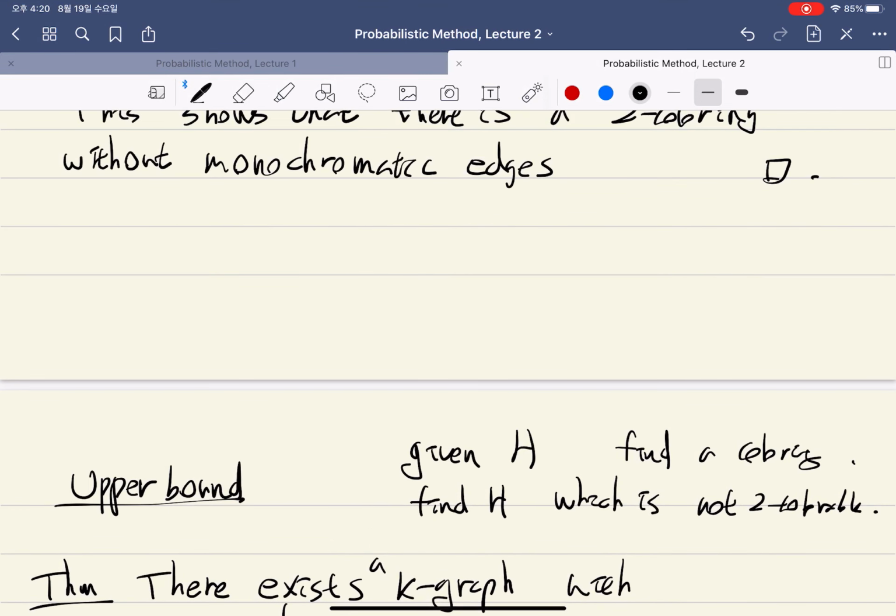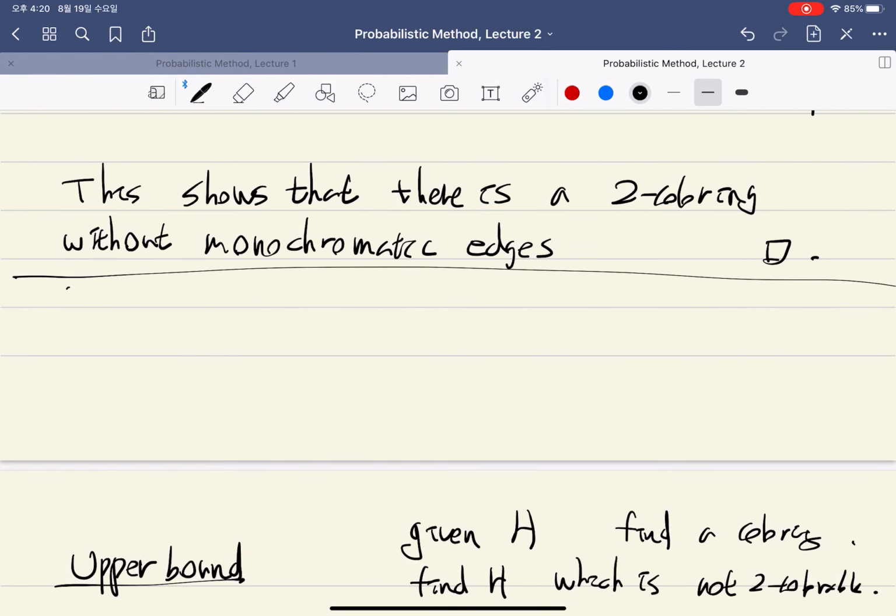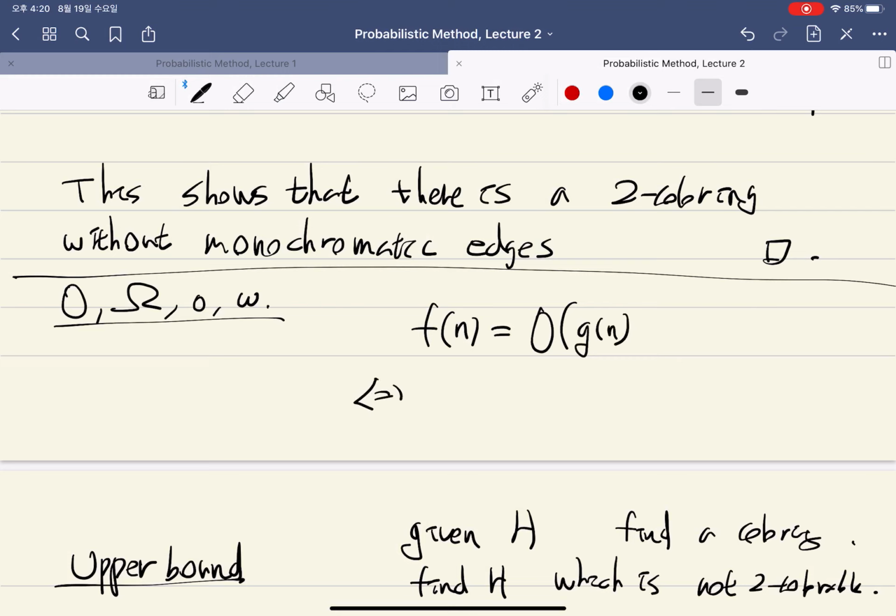By the way, last time we defined this big O, theta, big omega. I think we didn't define theta. Little o, little omega. We defined these four. So I said that f(n) is big O of g(n) if and only if f(n) is smaller than C times g(n), so there exists C such that this happens for all n.